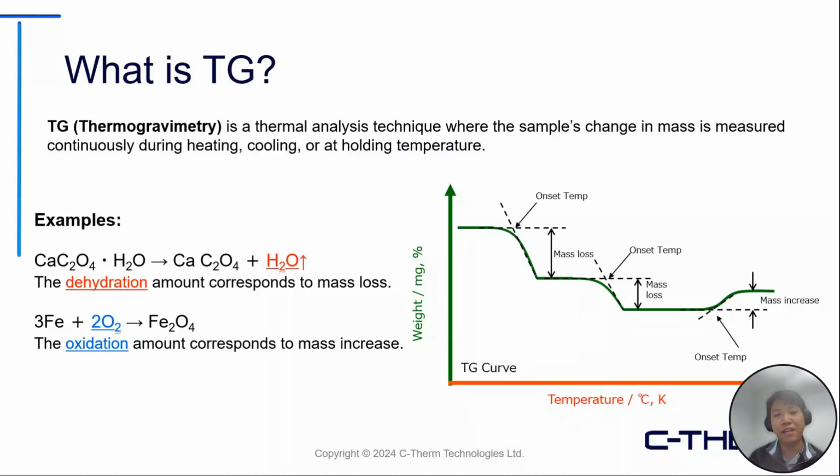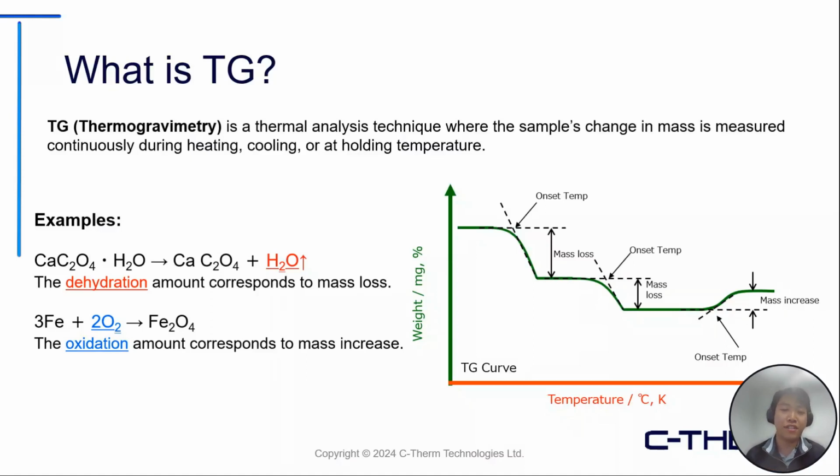So these changes in mass over the temperature are plotted on the TG curve shown here. By looking at the amount of change in mass and the temperature at which it occurred, we can characterize the sample over that temperature range, and we can infer what might have happened to the sample at that temperature.